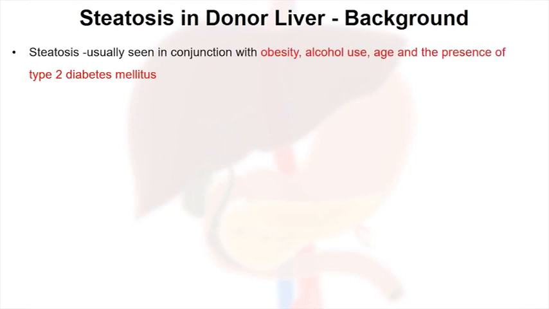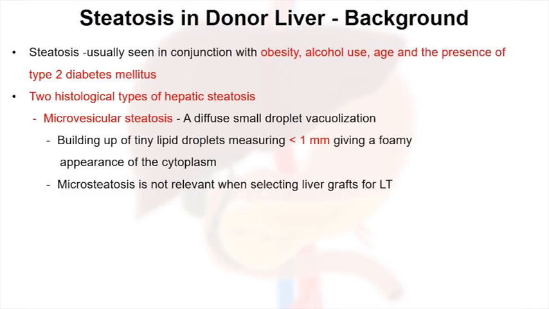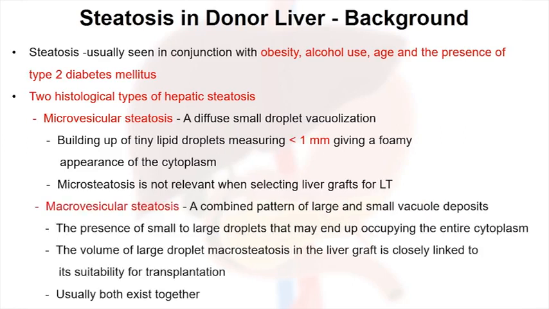Steatosis is another very important factor which affects donor liver. Now, steatosis is of two types: microvesicular steatosis and macrovesicular steatosis. The microvesicular steatosis does not affect the graft function to a greater extent, and it is the macrovesicular steatosis that is very important.